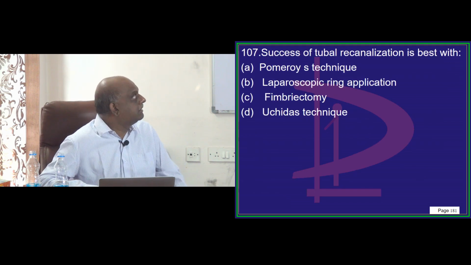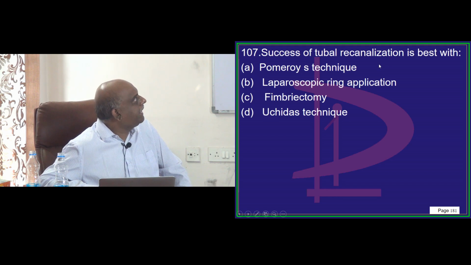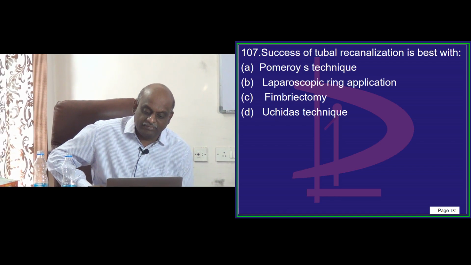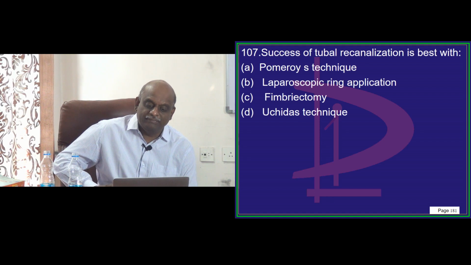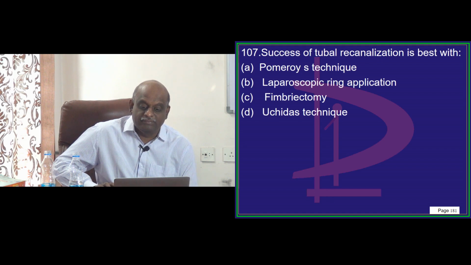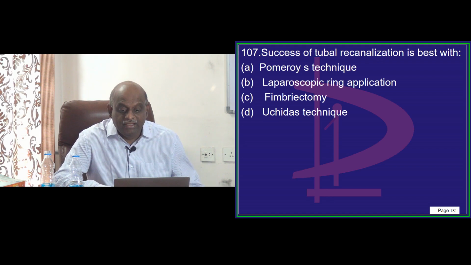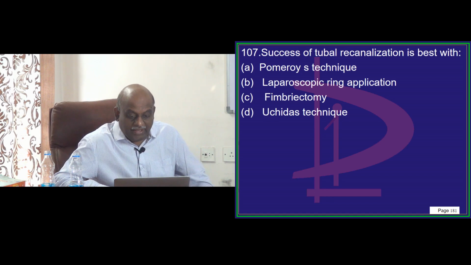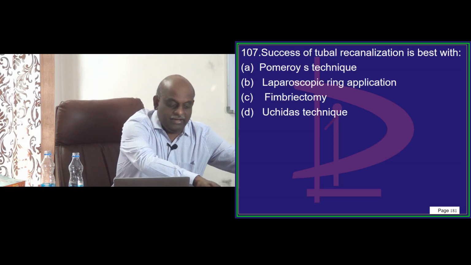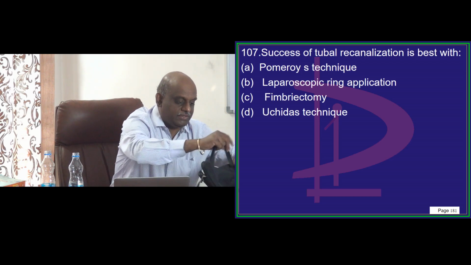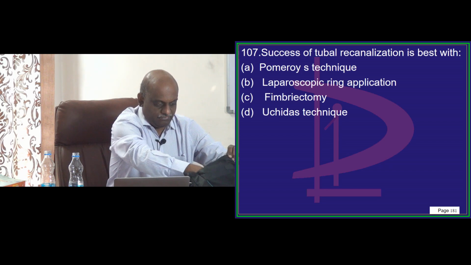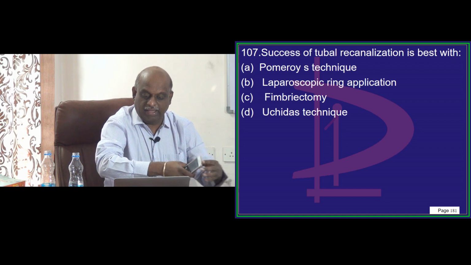Tubal recanalization, success kahan hota hai? Question number 107. For the tubal recanalization, yes. 107. Of all the techniques which are available. Excellent. I can see Srikant proposing A and Gulam Bhatt is on B and Abhishek Vyas is, yes.